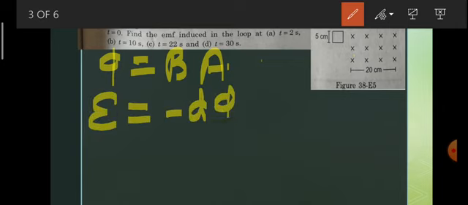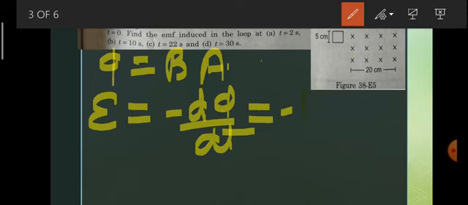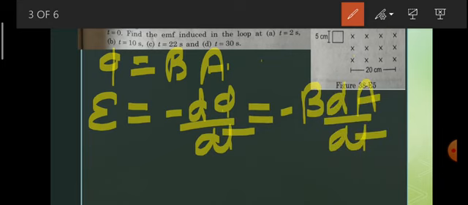If theta is 0, magnetic flux is B into A. As we know, EMF induced is given by minus d phi over dt, and phi equal to B into A. Here B is constant while area is changing. So we can write B dA over dt. So here induced EMF is minus B dA over dt.